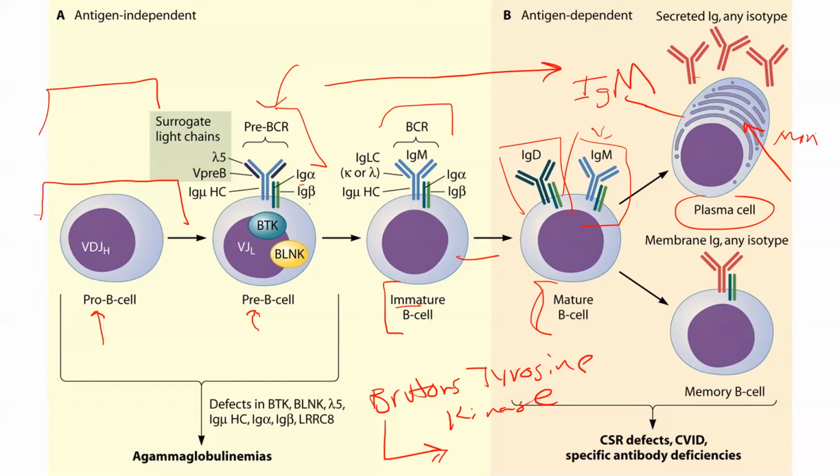And those will be IgG for viruses, IgE for parasites and fungus, IgA for mucosal infections, so upper respiratory tract infections, GI bugs and diarrheal diseases, and allergen stuff sometimes, IgE as well with allergens.